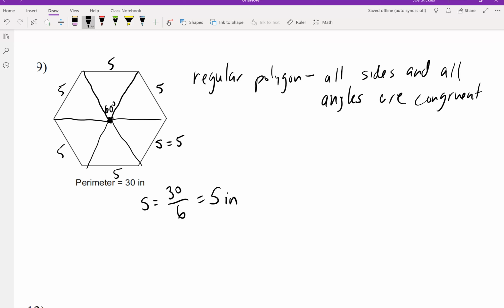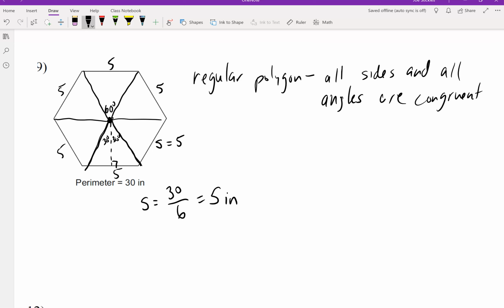In particular, it's helpful information because if I imagine now dropping this down to the other side, I know that we just said that these two sides are congruent, which means that this is an isosceles triangle, which means that if I drop the perpendicular down here, I split this into a 30 and this into a 30.